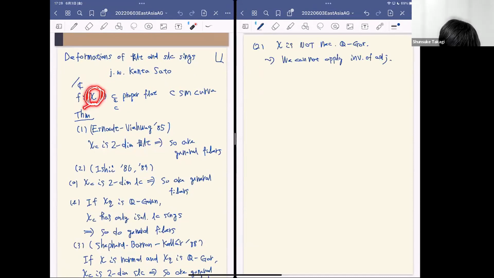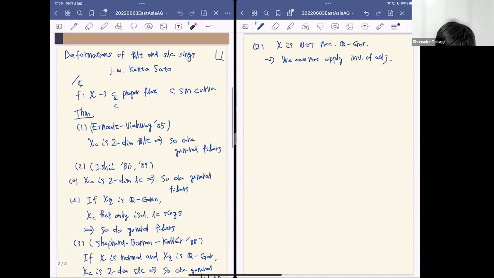Then if the special fiber has only KLT or log canonical singularities, by inversion of adjunction, the total space is also KLT or log canonical around the fiber. But in order to use inversion of adjunction, the total space should be Gorenstein. In our setting, we want to put conditions on fibers, but we don't want to put any condition on the total space. So this is a problem; this makes the problem difficult.